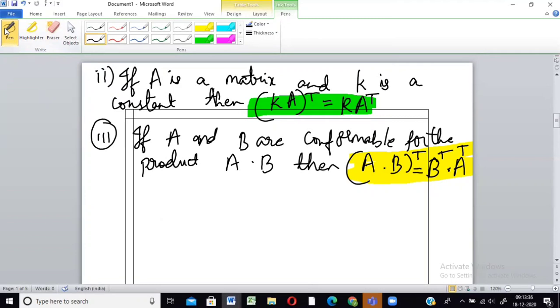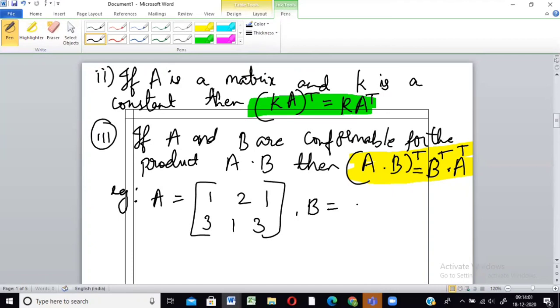So we are going to take an example of this. As I said, this is the same example that is given to you in the textbook. We'll prove that A into B transpose is equal to B transpose into A transpose. Suppose A, I'm taking the same numbers as in the textbook, 3, 1, 3.